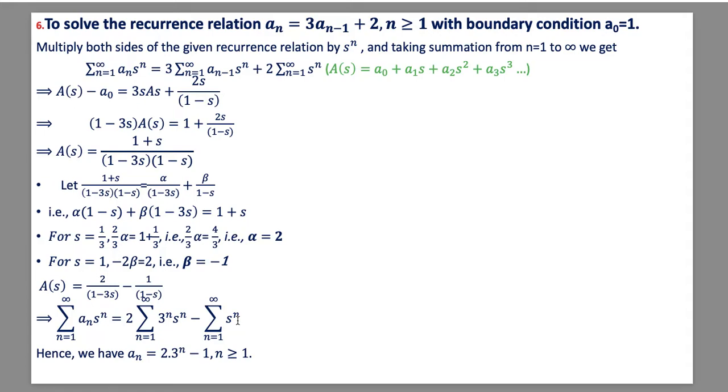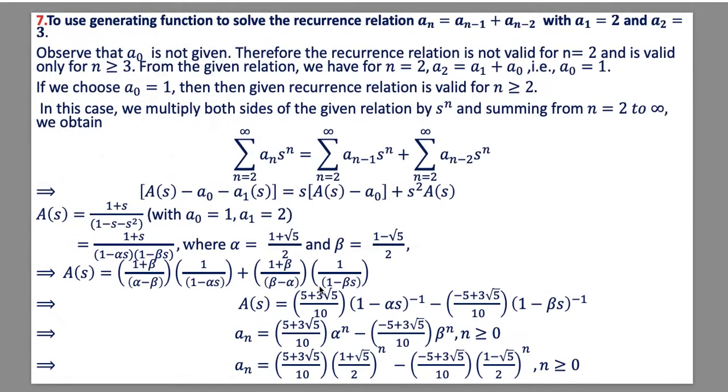So equating the coefficient of s raised to power n, we get a n equal to 2 into 3 raised to power n minus 1 for n greater than or equal to 1. This is the solution of the given recurrence relation a n equal to 3 a n minus 1 plus 2. Now one more example.